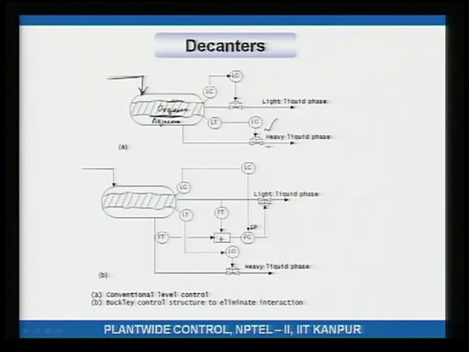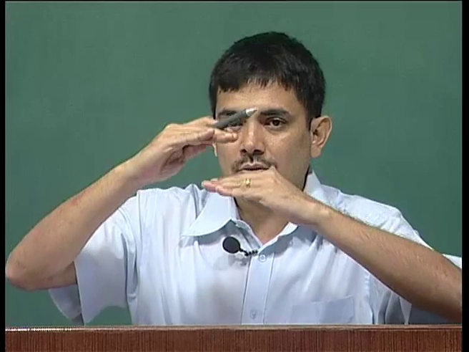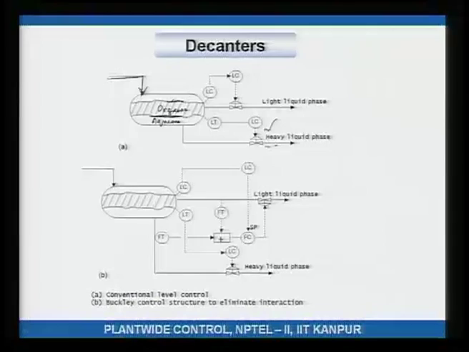If you adjust the heavy draw, the interface level will move, and if the light phase draw is maintained, the whole thing will move up or down. So, whatever this level controller is doing, its action, whether it is opening this valve or closing this valve, is affecting this level and therefore disturbing the other level loop.